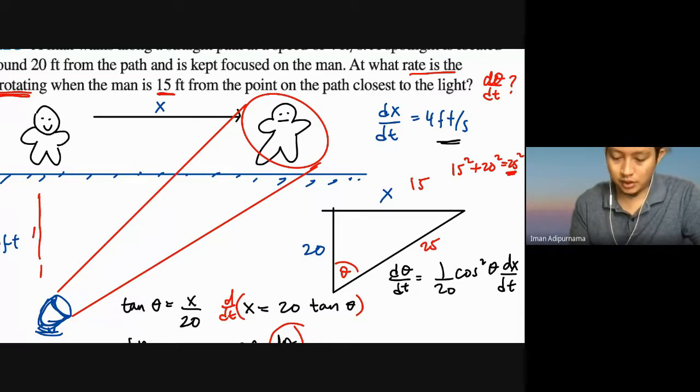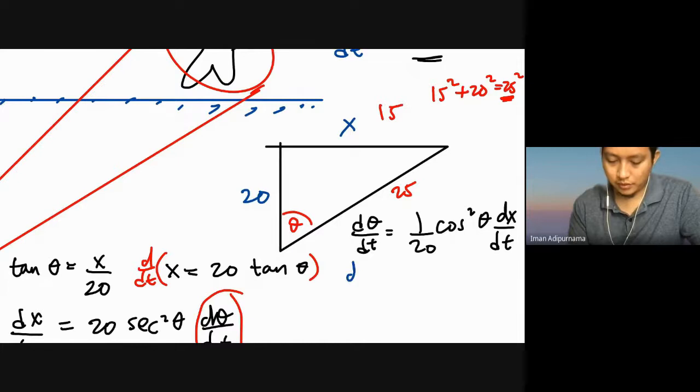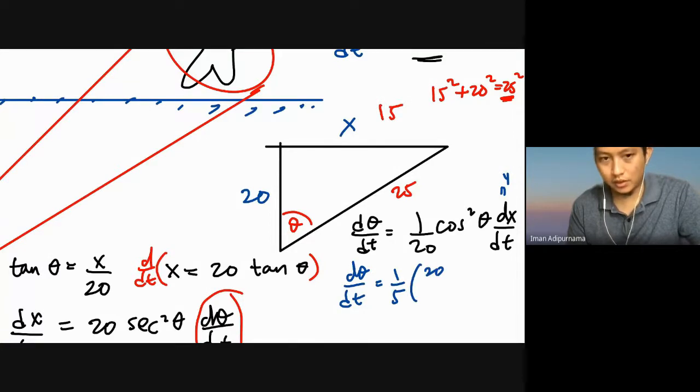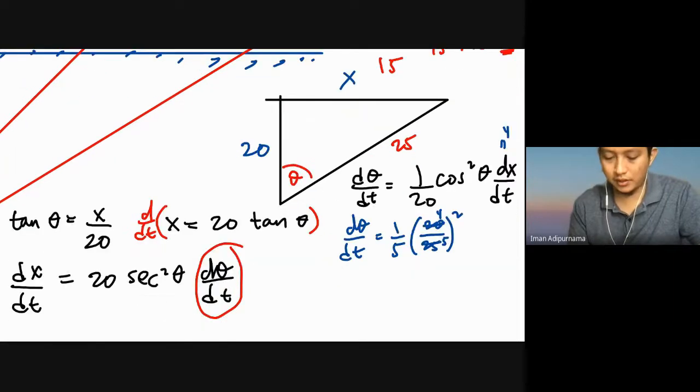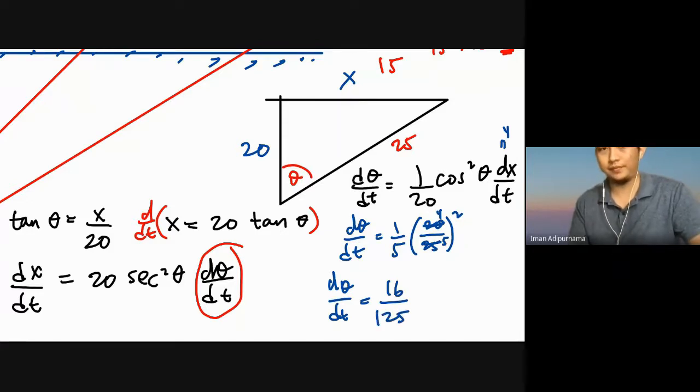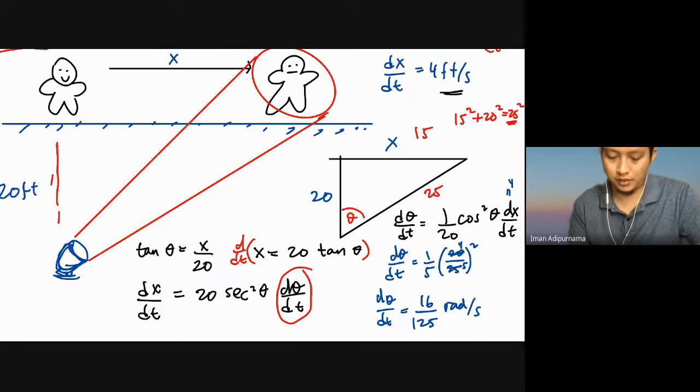So cos theta will be 20 divided by 25, and this will be squared. And 4 over 20 is 1 over 5, since dx/dt is 4. So d theta/dt will be 16 over 125 radians per second. Okay, this will be the answer.